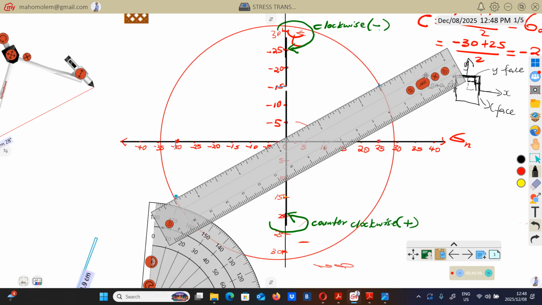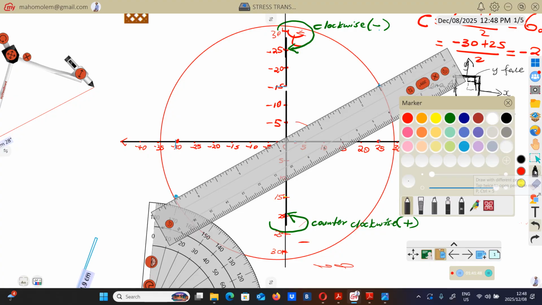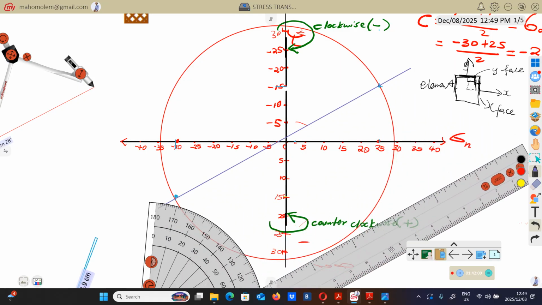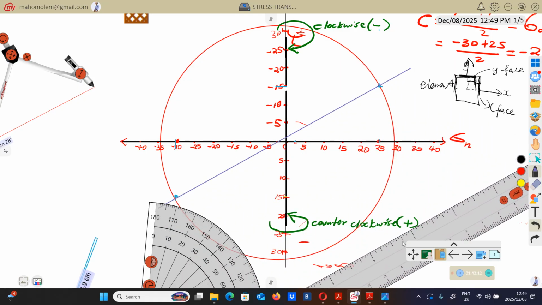You have to pass through that center there, so draw a line. Good.